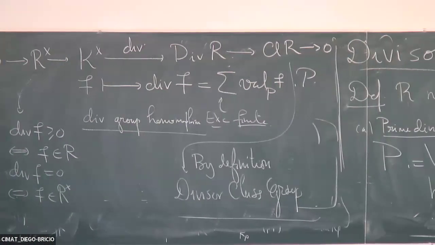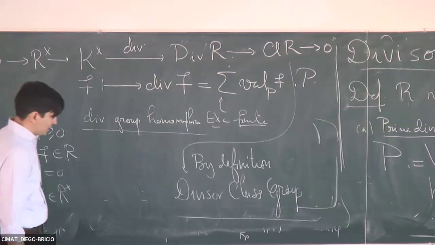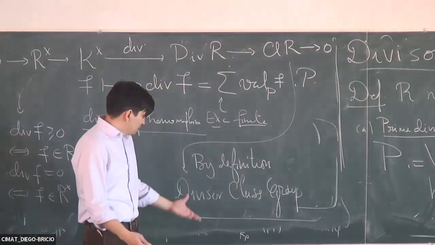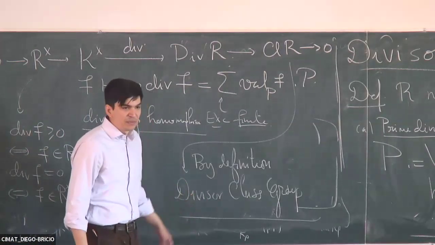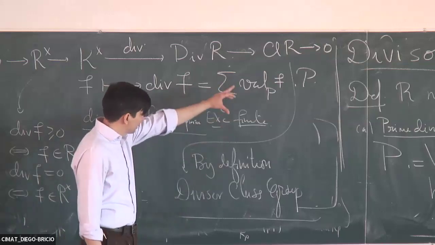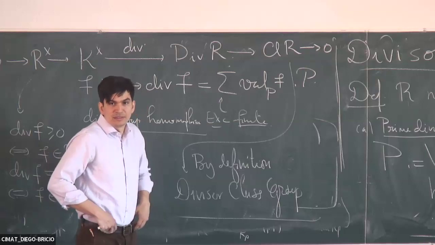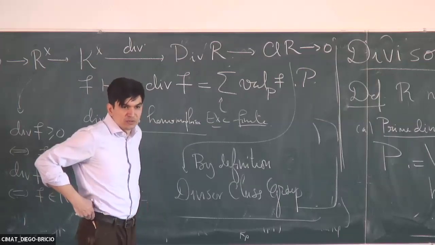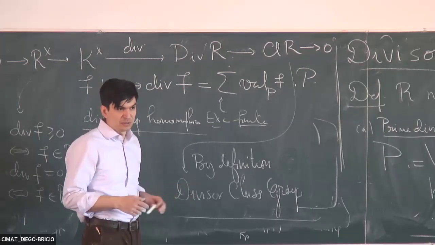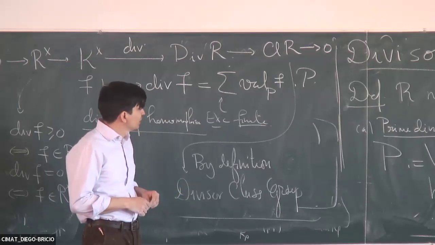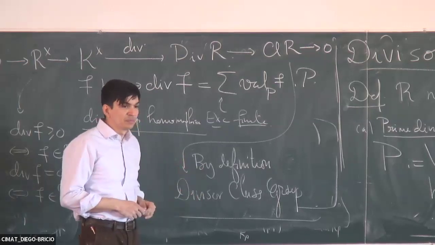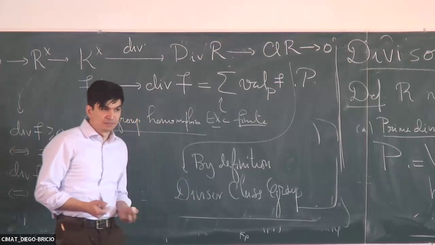Actually, trying to define it is what made ring theory possible. People invented ring theory because they noticed that the divisor class group was an obstruction to solving things like Fermat's theorem and so on. And today it's a very important invariant of singularities.